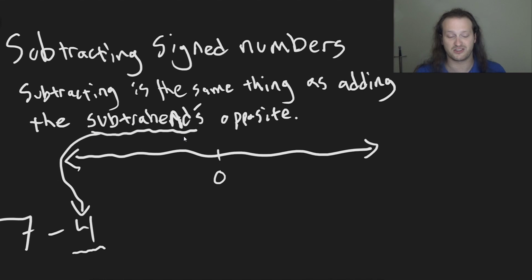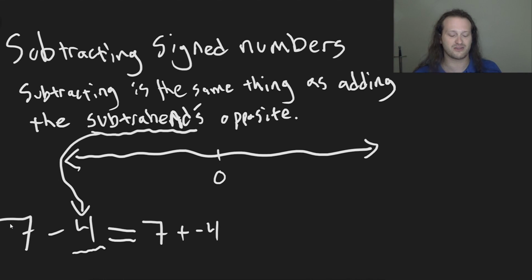I just wanted to have us all on the same page when it comes to what specific number we're talking about. The second number in a subtraction problem. So by this kind of switcheroo, that just means 7 plus negative 4. So subtracting is the same thing as adding the subtrahend's opposite.